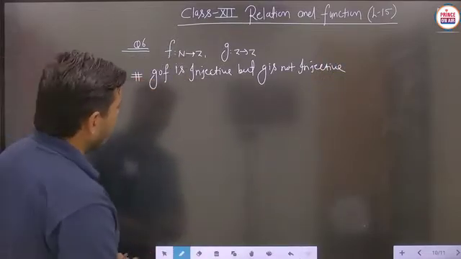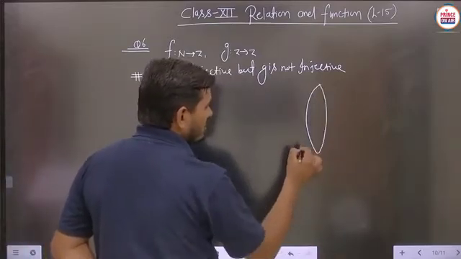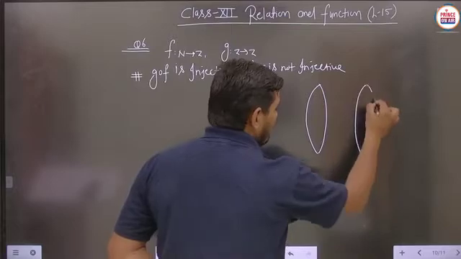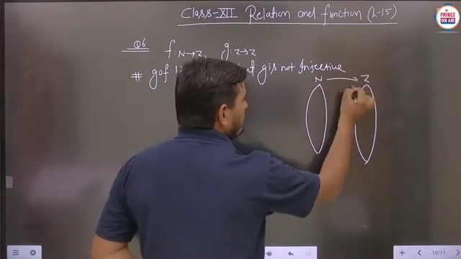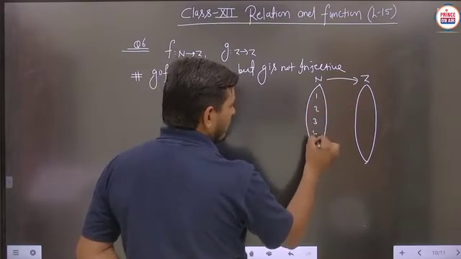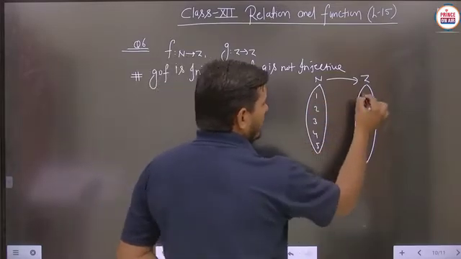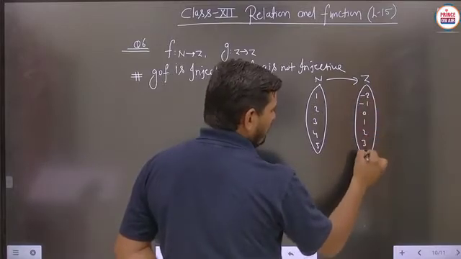So basically we have to make the mapping first of all, so that you can easily imagine the example. Suppose any function f is defined from natural numbers to Z. Here we are taking 1, 2, 3, 4, 5, and here we are taking -2, -1, 0, 1, 2, 3, 4.